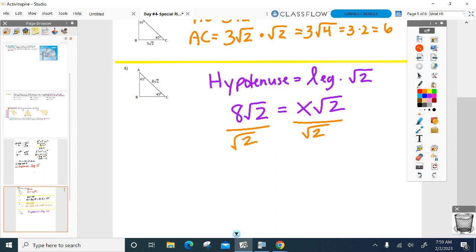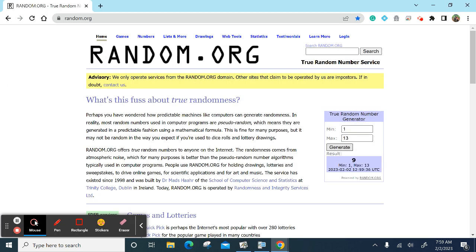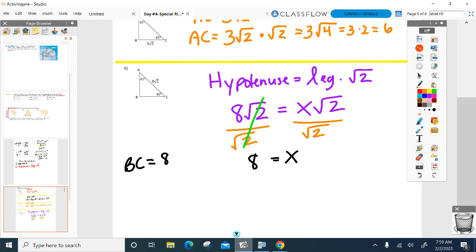What's going to happen? 8 equals x. What happens to those radical 2's? Good, disappear. So I'm ending up with the leg equals 8. So BC equals 8. And then what do you know about AB then? It's also 8. Legs are equal.